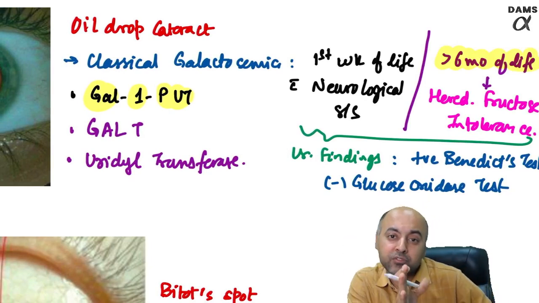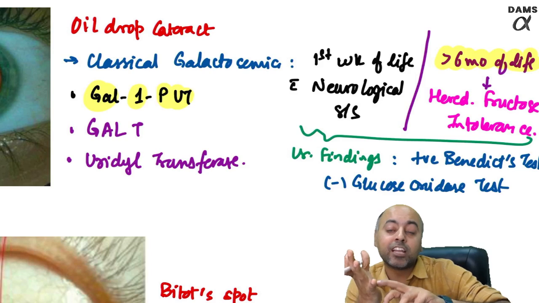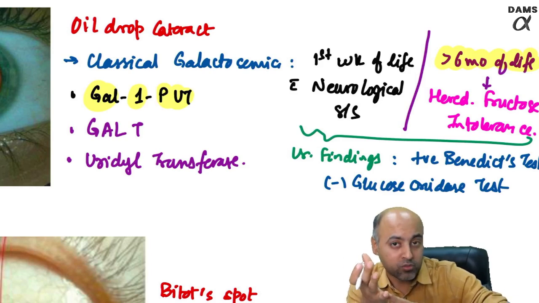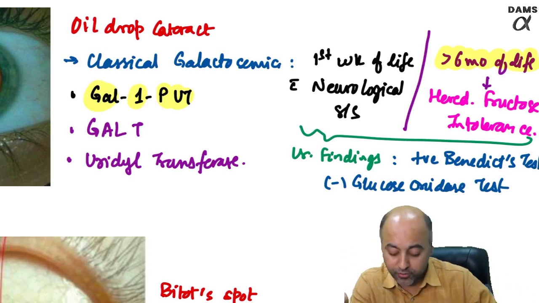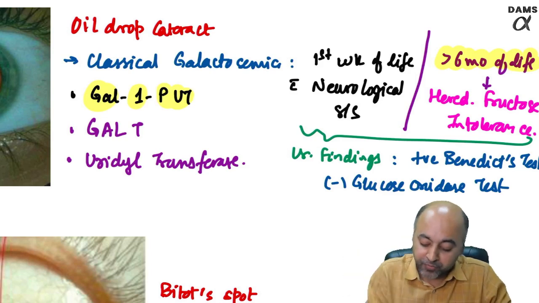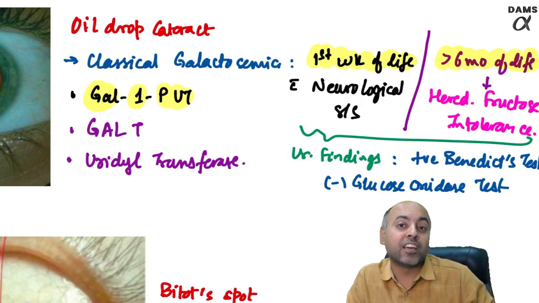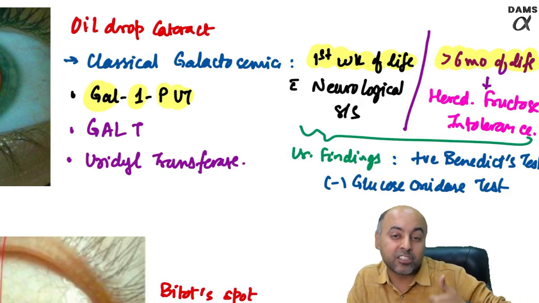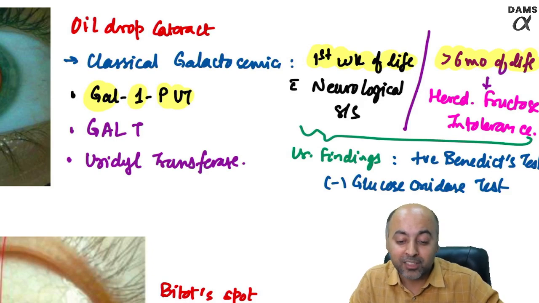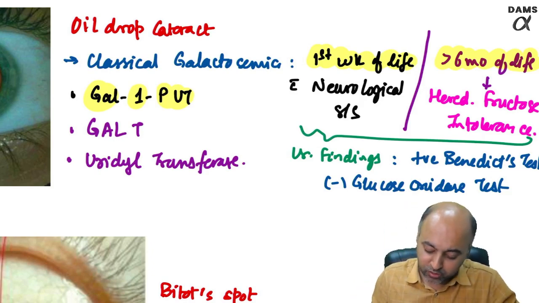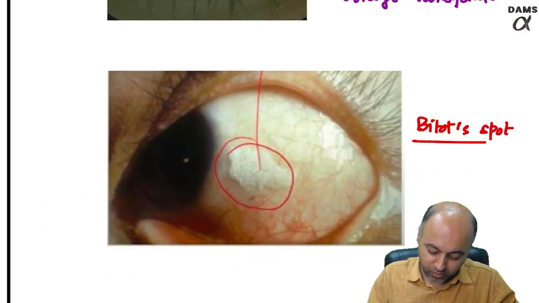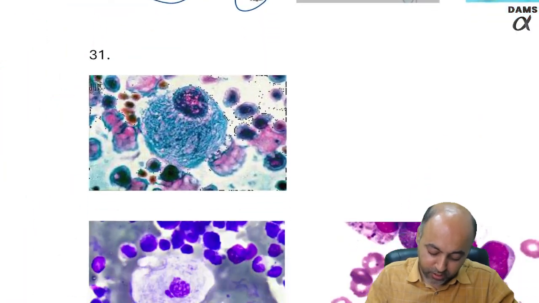So as long as breastfeeding is there, you will have glucose and galactose coming from lactose but no fructose. When you do the weaning, that is when fructose will come into the picture. So first week of life for galactosemia and more than 6 months of life for hereditary fructose intolerance. All right. So at this point, one more.